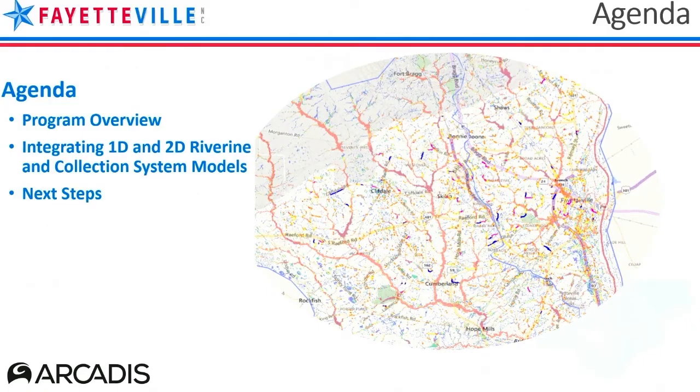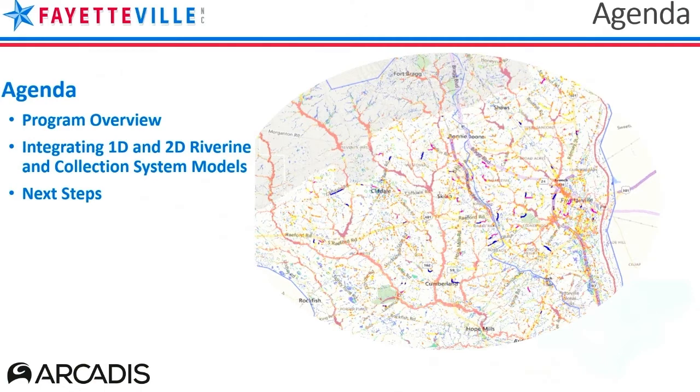Thank you, Jeremy. I'm really pleased to be working on this program and participating in this talk today. My name is Alicia Lanier, and I'm a Stormwater Project Manager in the Public Services Department at the City of Fayetteville. To date, my role has primarily been to support the Watershed Master Plan Program and other special projects.